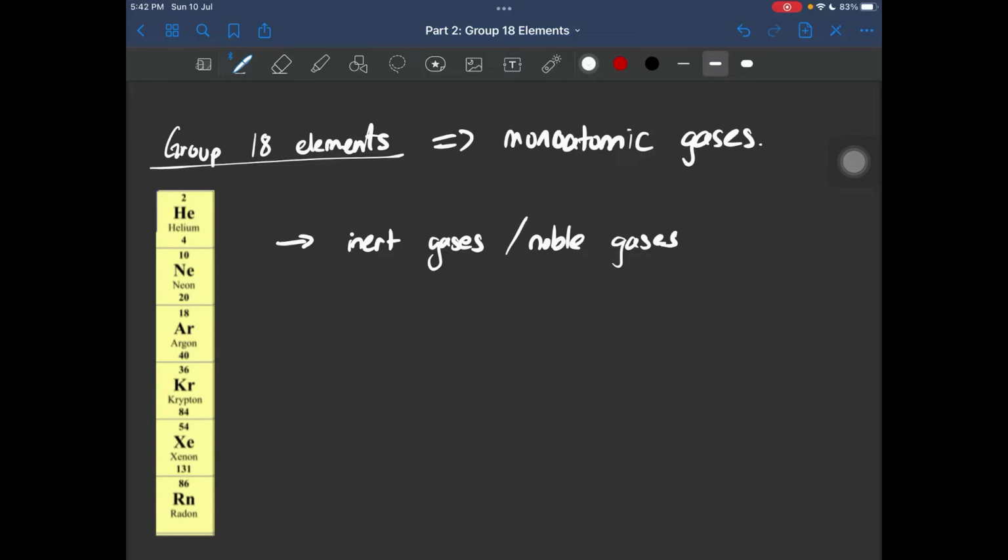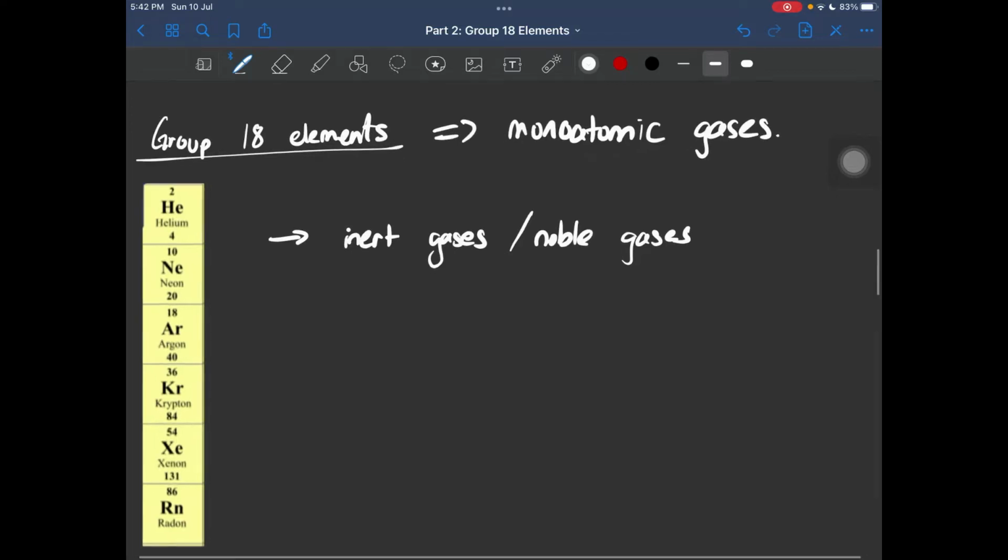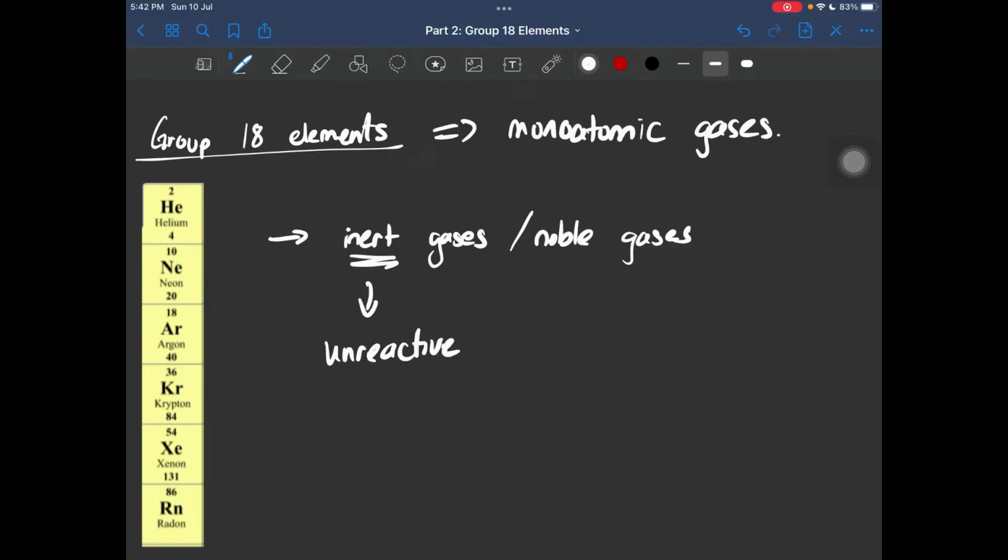You can say inert gases, noble gases, or group 18 elements. All of them refer to the same thing. So why are they called inert gases? Because if you look at the dictionary, inert means chemically unreactive. Group 18 elements are called inert gases because they are unreactive.